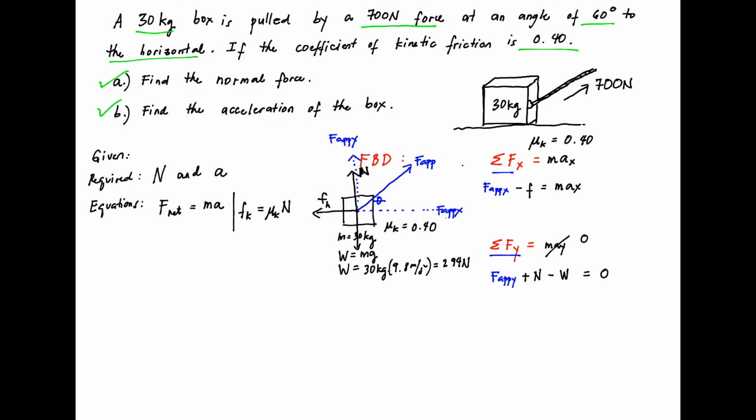Now let's derive the value of the F up X. If this is the F up, and this is the F up X, the angle is adjacent to it, so we will be using the cosine function. We can now say that F up X is equivalent to cosine theta multiplied by F up.